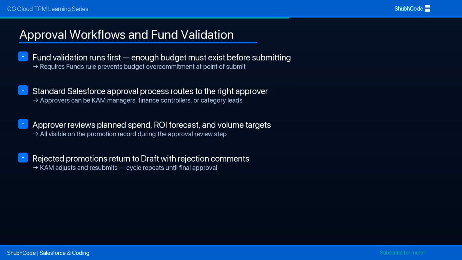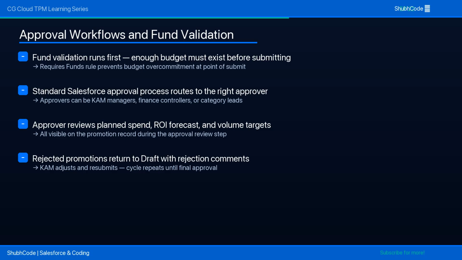The approval workflow in CG Cloud TPM isn't just a simple Salesforce approval process. There's fund validation happening first. When a KAM submits a promotion for approval, the system checks: is there enough budget in the linked fund to cover the planned spend? If not, the promotion can't be submitted. The requires funds validation rule on the claim template enforces this.